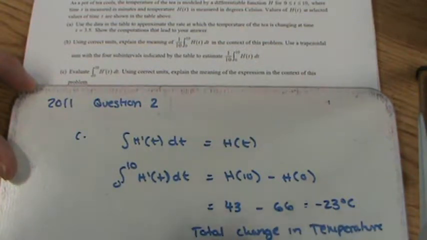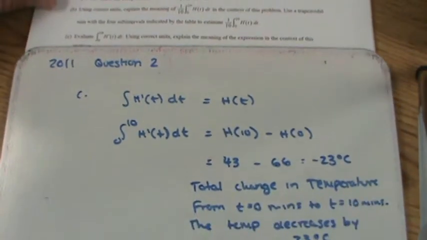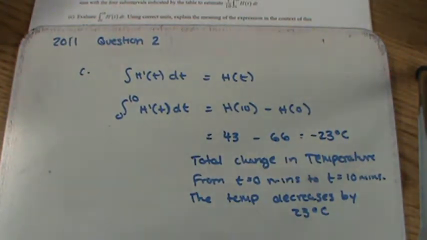And if we want to be specific, we can say the temperature decreases by 23 degrees Celsius. Move that up there so you can see that.